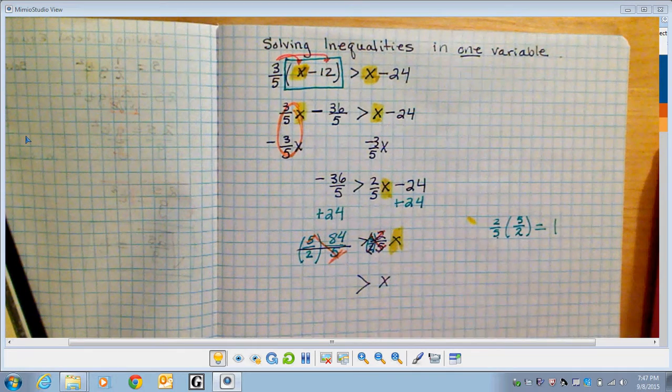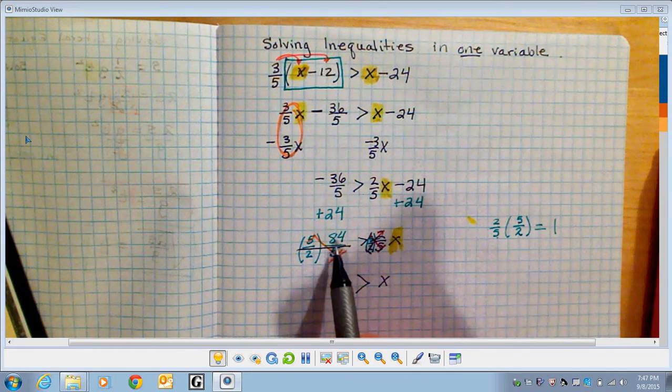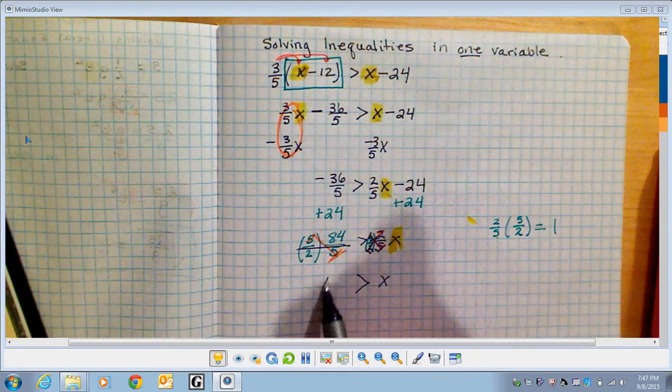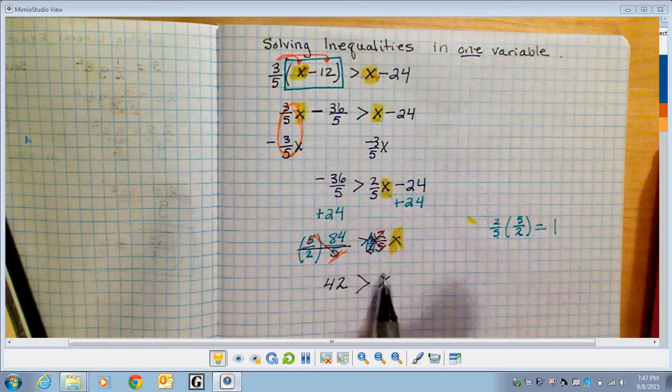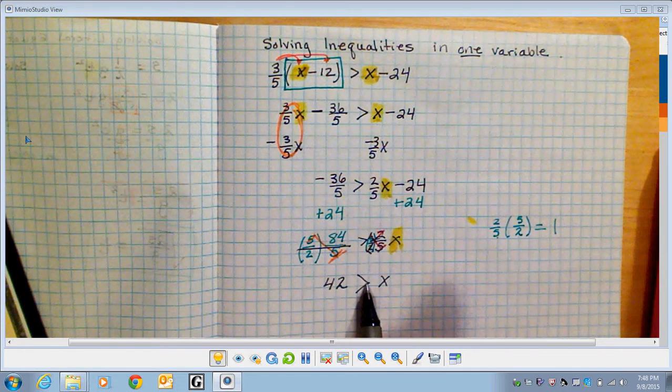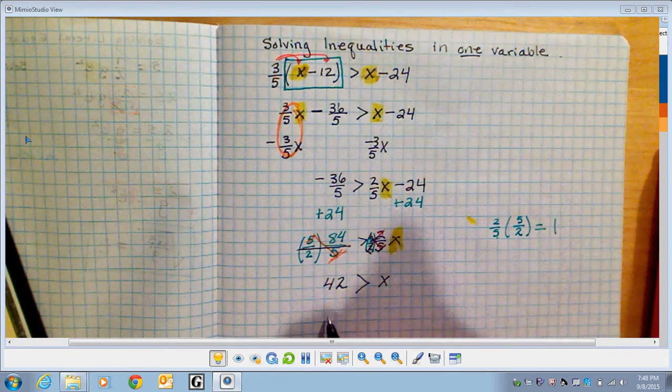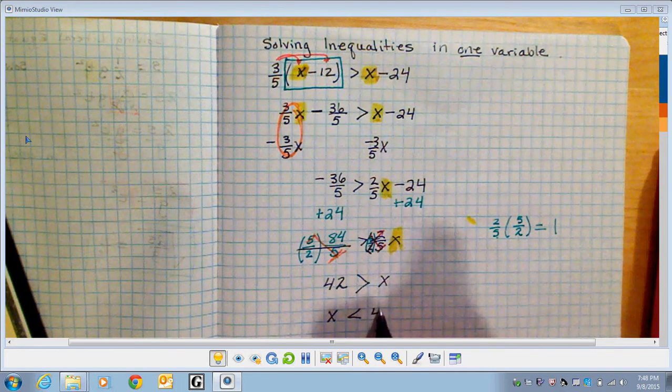I could use my calculator if I needed to, but I know that 84 divided by 2 is 42. So x, I'm reading it backwards now, x is smaller, because it's on, notice that this is a small space here, than 42. That's the same as saying x is smaller than 42.